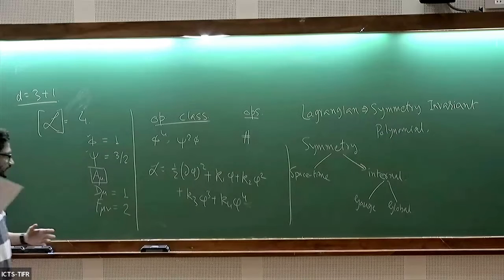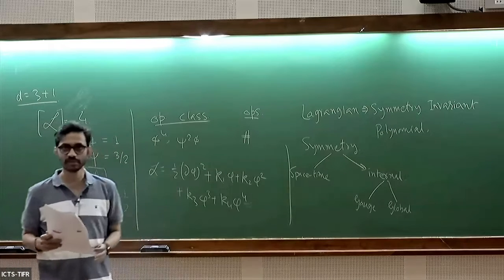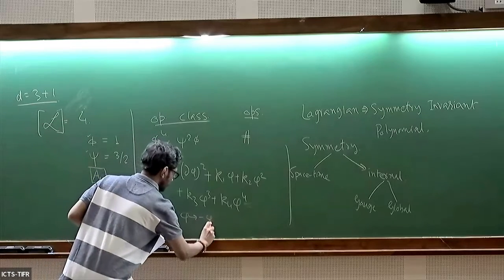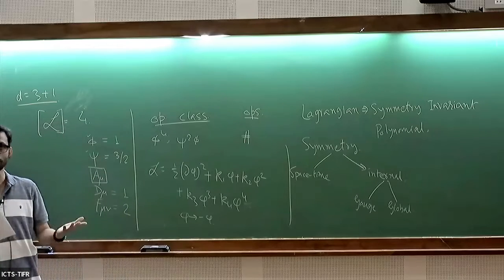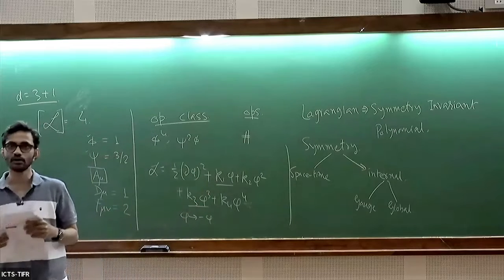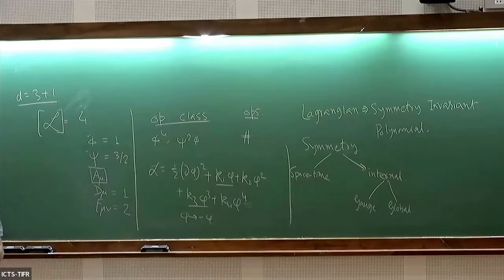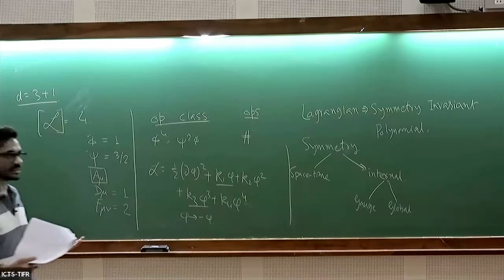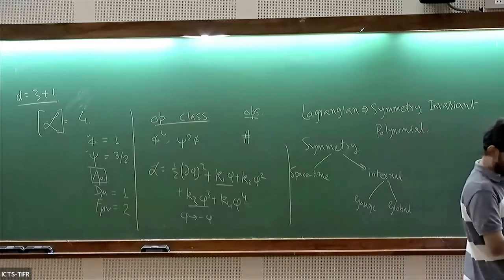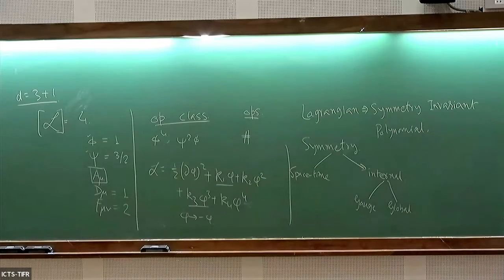Now, as he has mentioned, discrete symmetry, let's impose a symmetry. The symmetry is basically phi going to minus phi. Now naively you see that some of these terms are not invariant under this symmetry. So what is the role of symmetry then? The role of symmetry is that you can have multiple terms in the polynomial, and when you impose the symmetry through the transformation property of those fields, they filter out some of the terms.